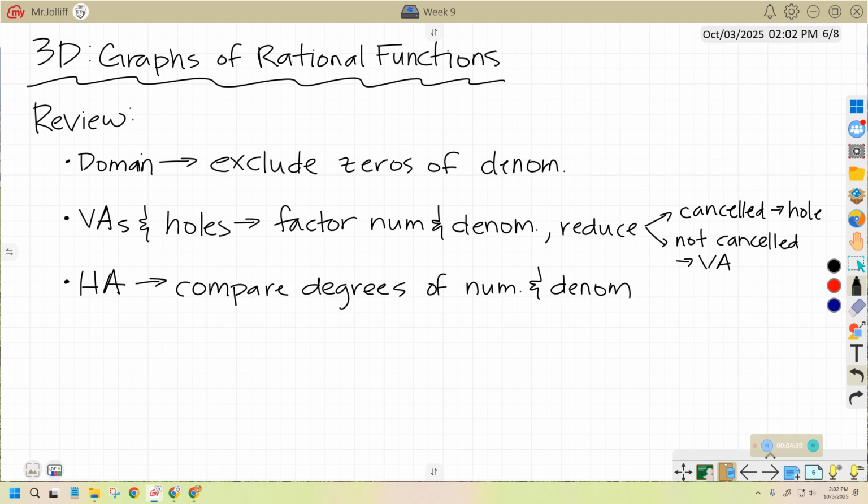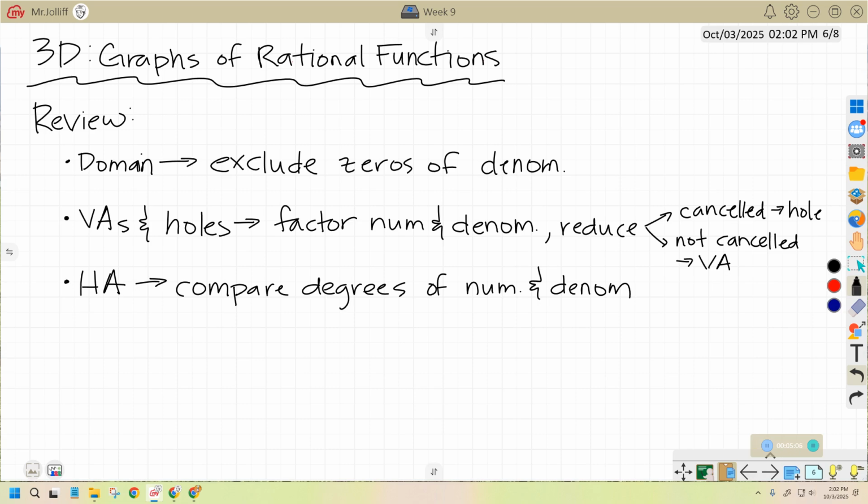Perfect. So I look at the leading terms on the top and bottom. I look at the biggest exponents. If the top is smaller than the bottom, y equals 0. If the top and the bottom have the same degree, it's a ratio of the leading coefficients. If the top is bigger than the bottom by 1, we have to do synthetic division, and we get a slanted asymptote.